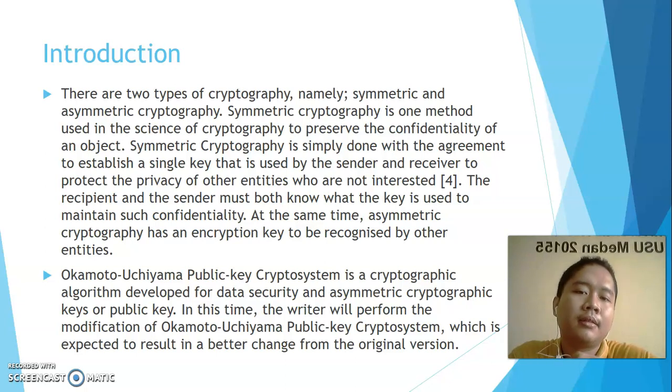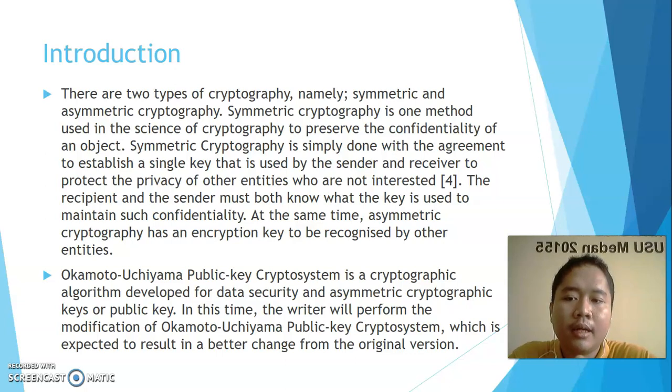But I see here there is a weakness, because the sender and the receiver need to make an agreement to establish a single key. The sender and receiver need to make an agreement about the key to protect their things.